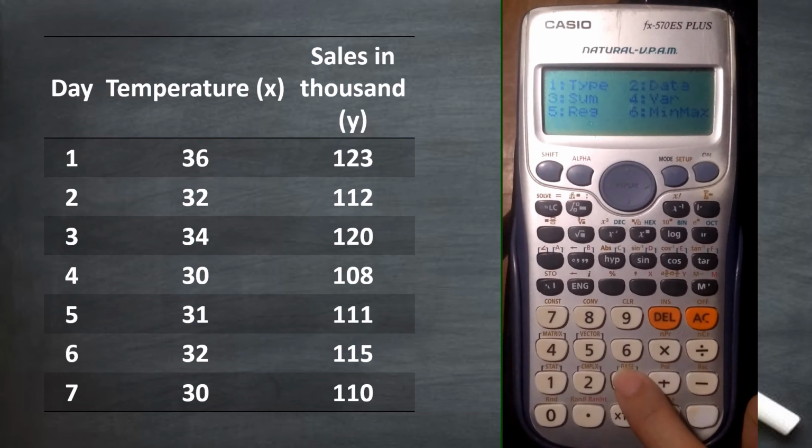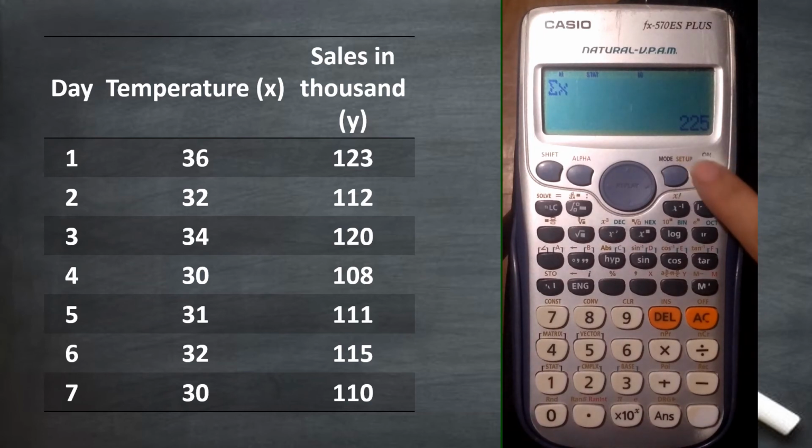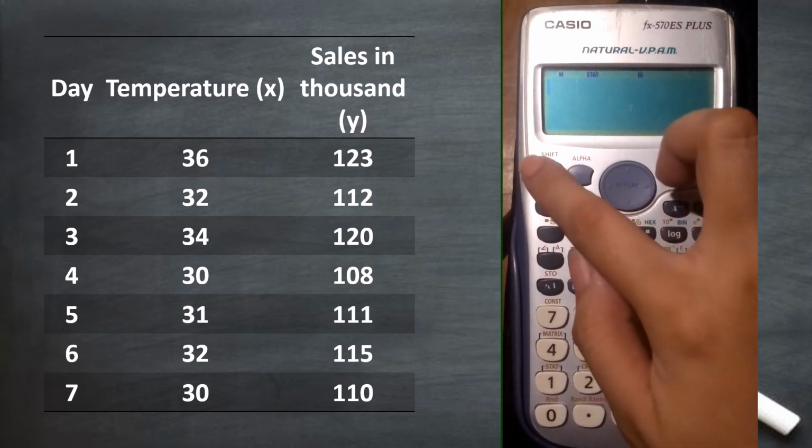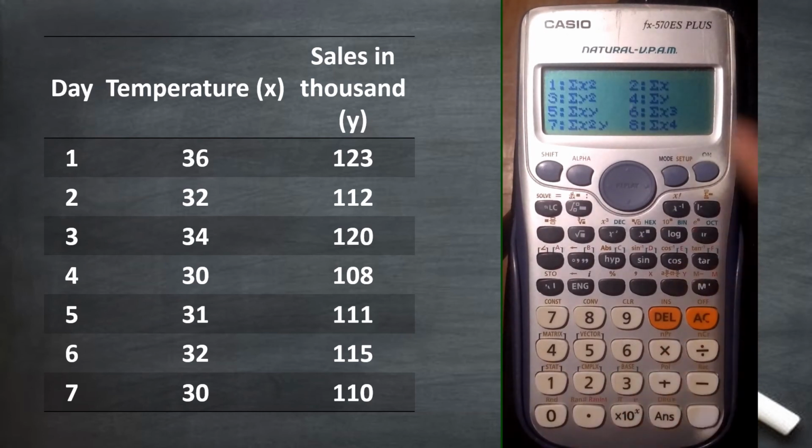Pressing sum, these will be the values that you can see. Let's say we have to get the summation of x first. So we press 2 and then the equal sign. This is the summation of x, or the sum of the x values. And then to get the summation of y, you press on and repeat the process: shift, stat, then sum, and then the summation of y.